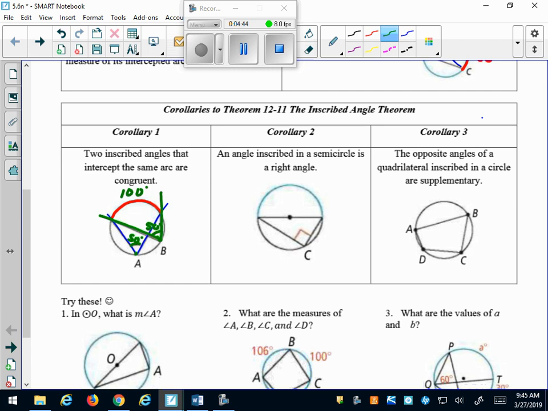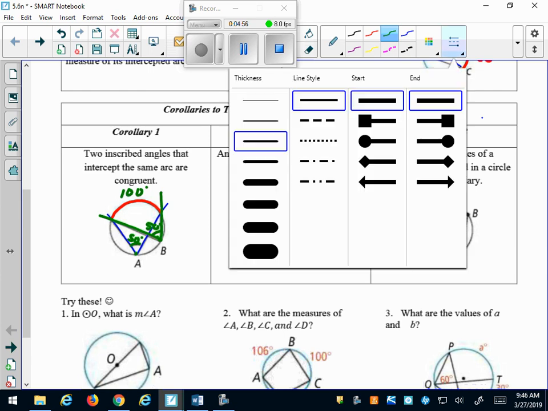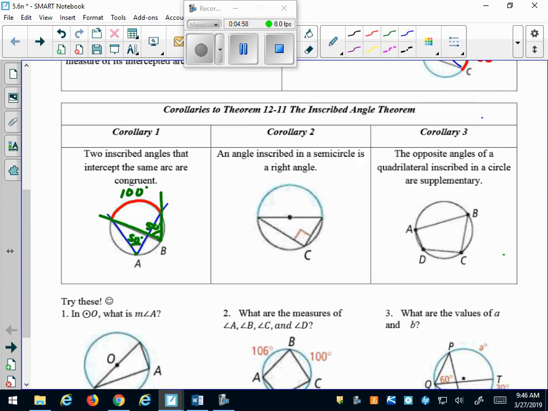Again, that's the same concept. It's not a different idea. It's just something to notice that happens because of that idea. All right? The second corollary says an inscribed angle in a semicircle is a right angle. Well, here's the angle we're talking about. Think about the alligator. He's opening his mouth 90 degrees.